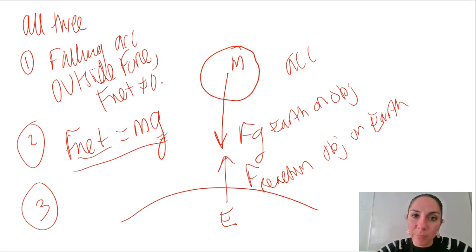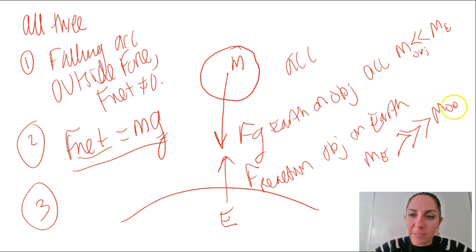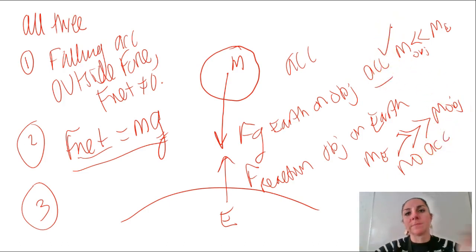But more importantly, even though we have the same magnitude of the forces, we see an acceleration on the object here because the mass is way less than the mass of Earth. And vice versa, we don't see the Earth accelerating because the mass of the Earth is way, way, way more massive than the mass of the object. So little to no acceleration. So that's why we see what we see.